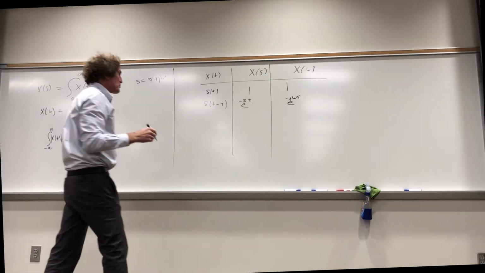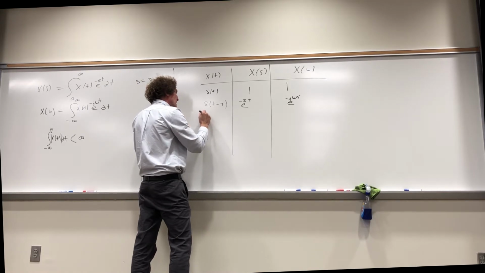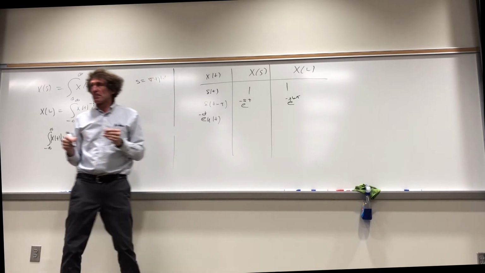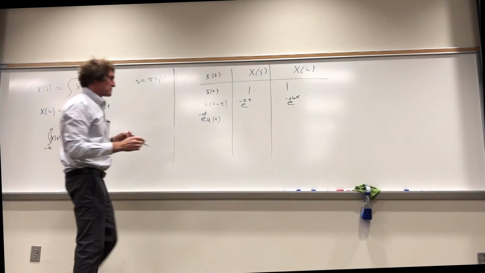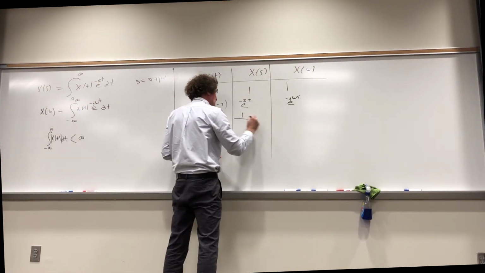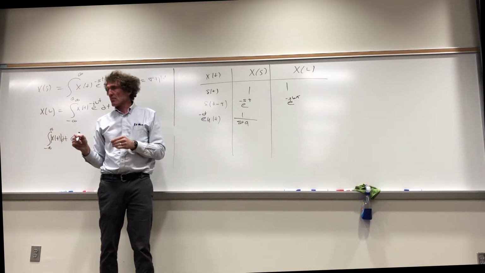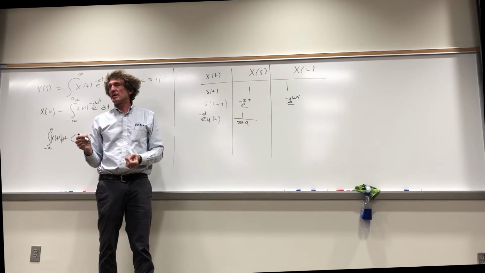The next function, probably the one we've done the most with, is e to the minus at times u of t. That's a standard exponential decay. You have to know that one, right? What's the Laplace transform of that one? Everybody? Right? We know that like the back of our hand. Now, what did I say?